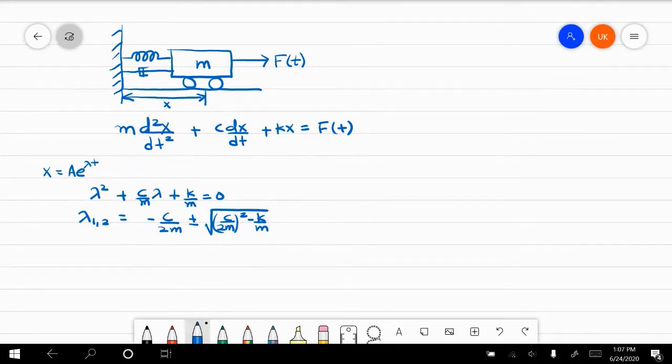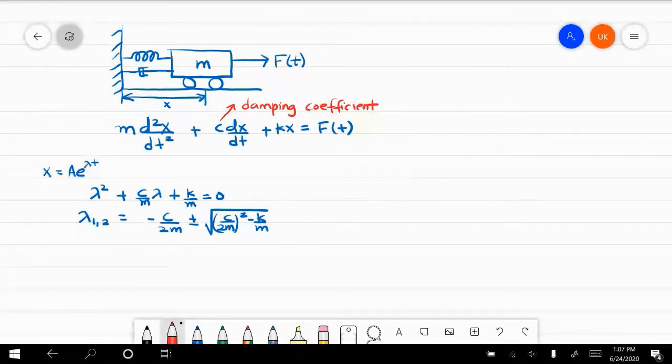Now in all these three possible cases, c, which is the damping coefficient, right? So this c is called the damping coefficient. In the three cases that we first described, we assume that there is a positive damping, which means it is going to oppose the motion.